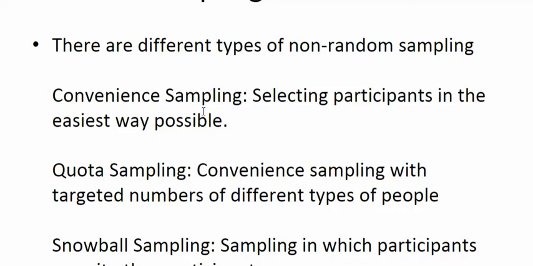Quota sampling is convenience sampling, but with targeted numbers of different types of people. And these targeted numbers are called quotas. So if a researcher does convenience sampling, but does it while ensuring to get a certain number of each type of person, that's quota sampling.